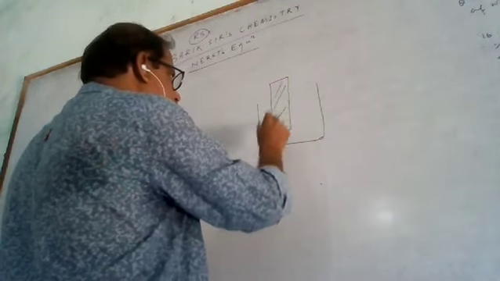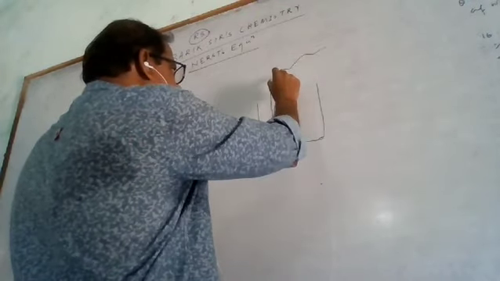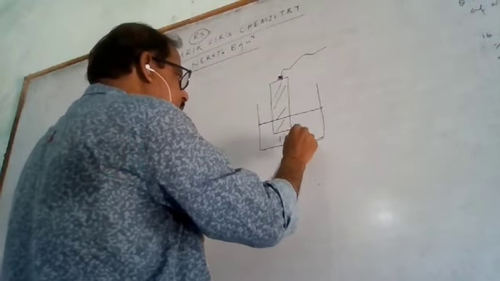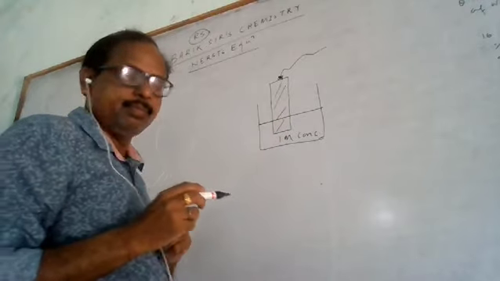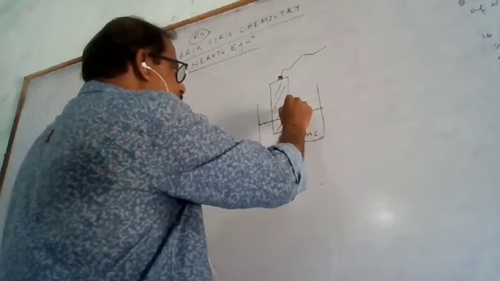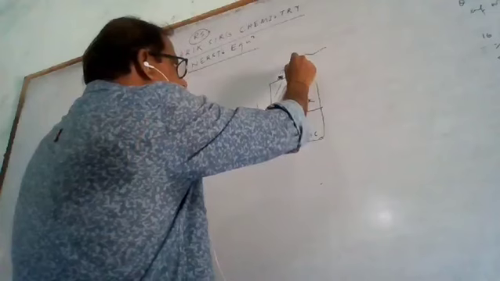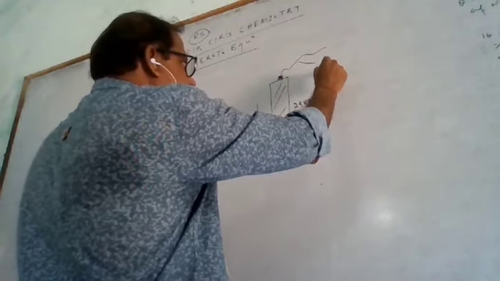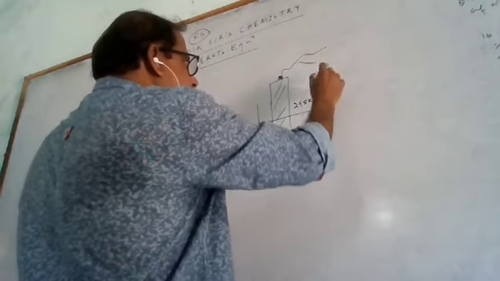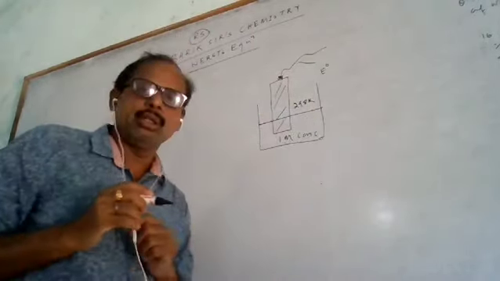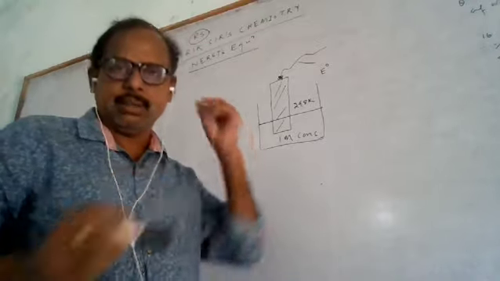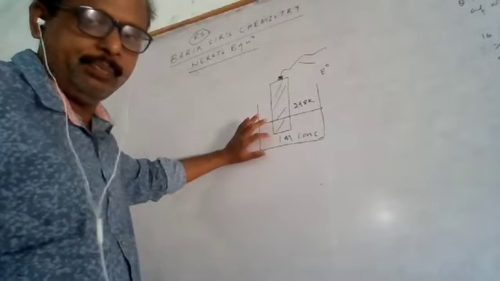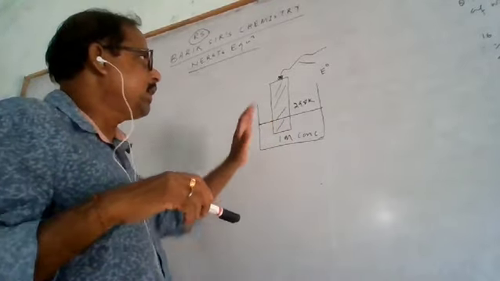This is the electrode, connected to something. If a 1 M concentrated solution is taken here and the temperature is 298 Kelvin, then the electrode potential is called the standard electrode potential, that is E naught. I hope you understand: where the concentration is 1 M and the temperature is 298 Kelvin, it's called the standard electrode potential.